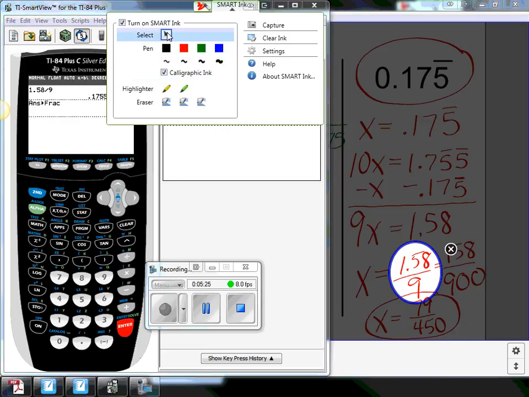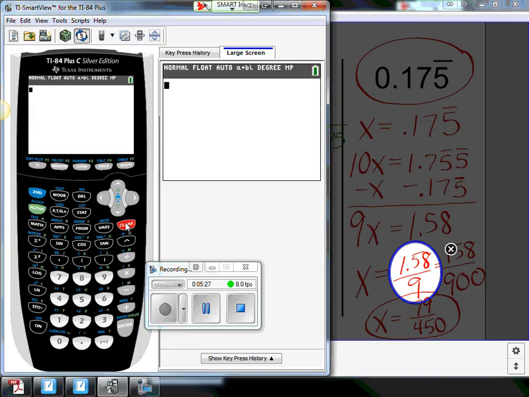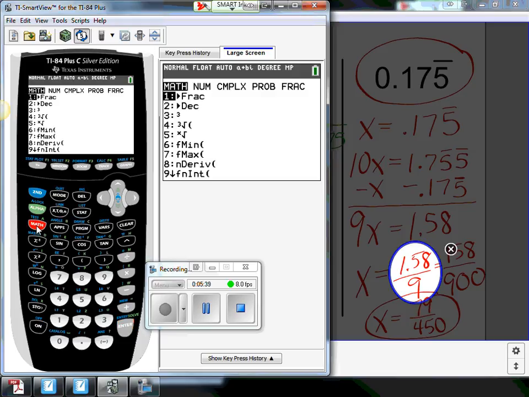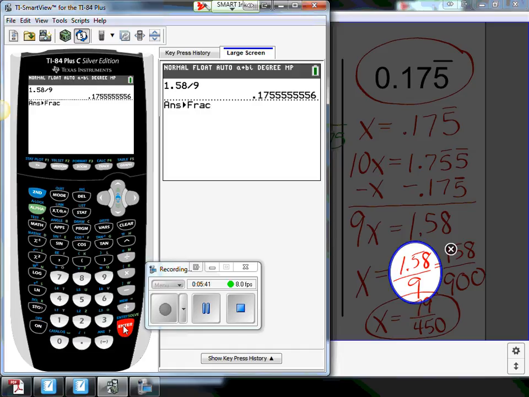Here it is. Actually on the screen, but here we go. 1.58 divided by 9. Hit enter. That's good news. It's 0.175 with the 5 repeating. Then you can hit math, fraction, enter, and it confirms that 79 over 450 is the reduced form. Okay?